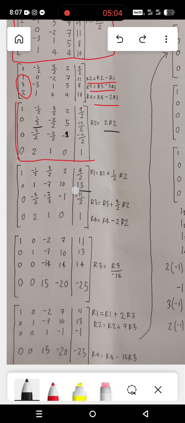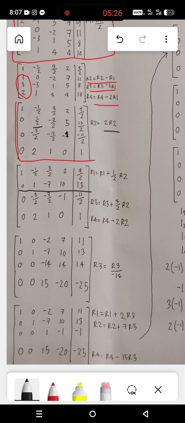That's why we have these values, because 0 times 2 is 0, 1 half times 2 is 1, negative 7 over 2 multiplied by 2 is equal to negative 7, 5 times 2 is equal to 10, and 13 over 2 multiplied by 2 is equal to 13.